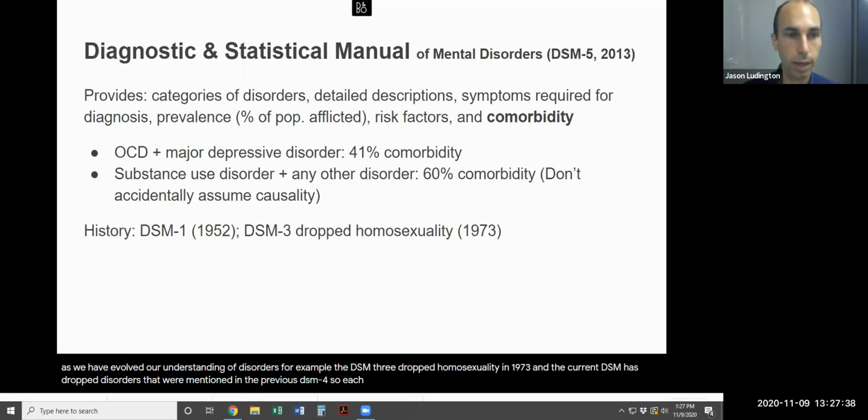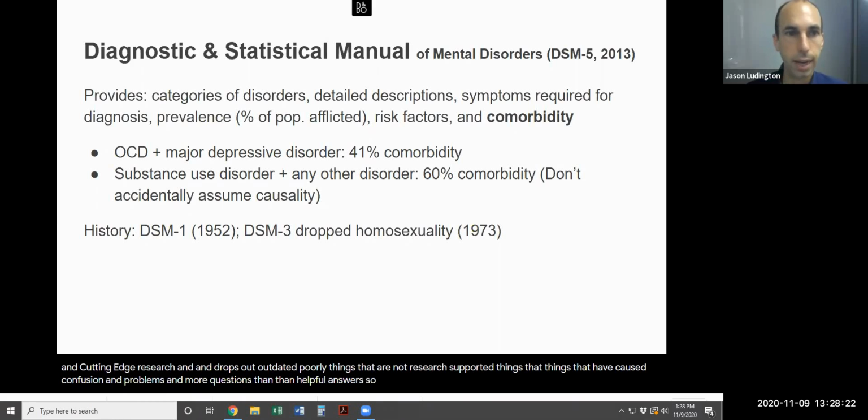So each subsequent edition updates our understanding with cutting edge research and drops outdated, poorly supported things that are not research supported, things that have caused confusion and problems, and more questions than helpful answers.